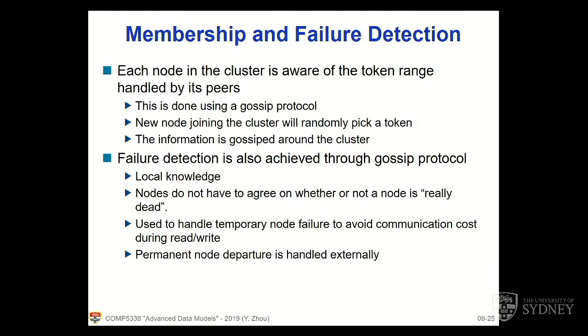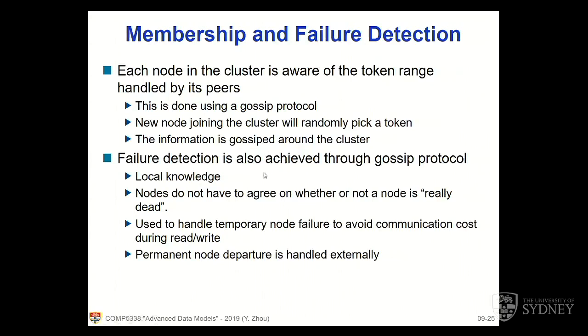Otherwise, there's no way you can join, right? You have to know some node. Joining means you pick some token, and then you tell the node that you already know in the cluster, I'm joining, this is my token. And those nodes also know some other nodes in the cluster, and they will gossip with the other nodes. And then eventually this is spread to the whole system.